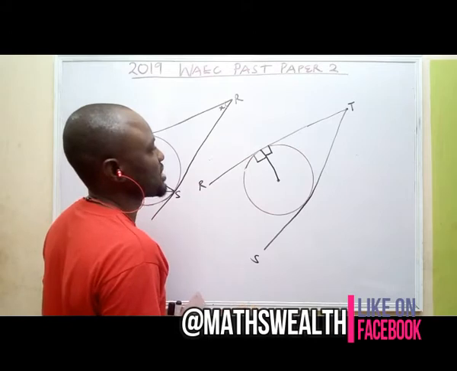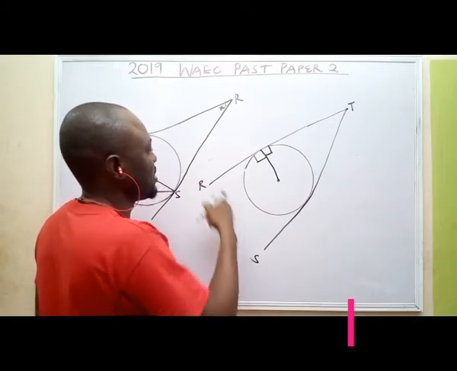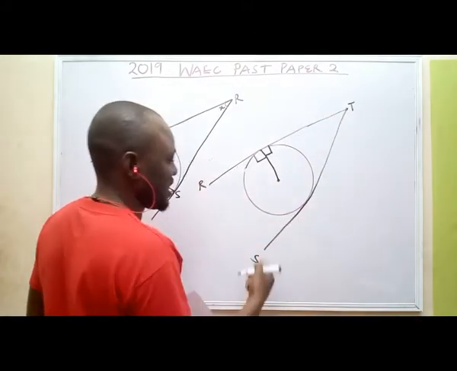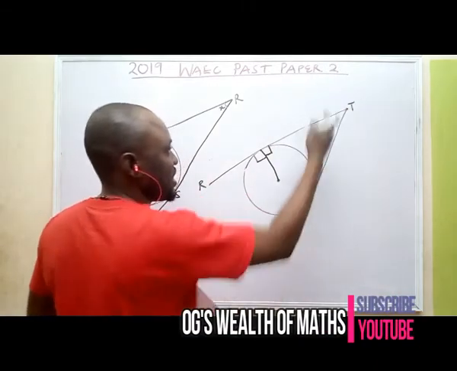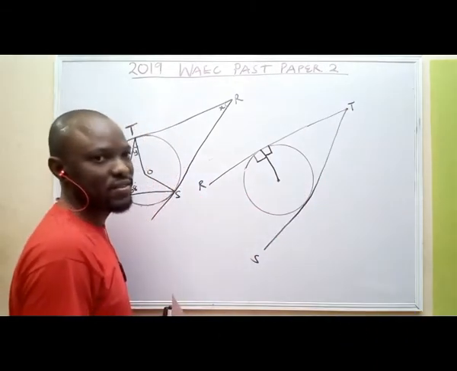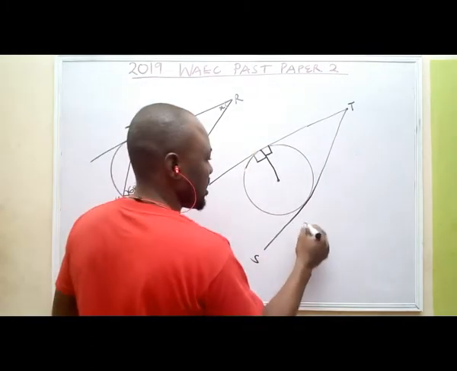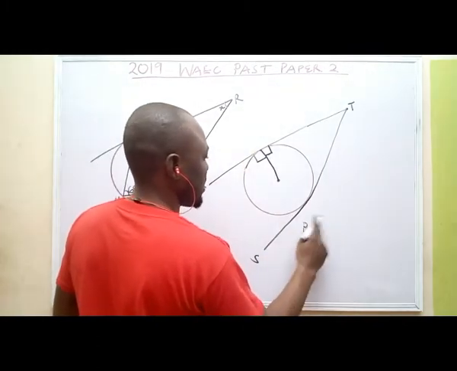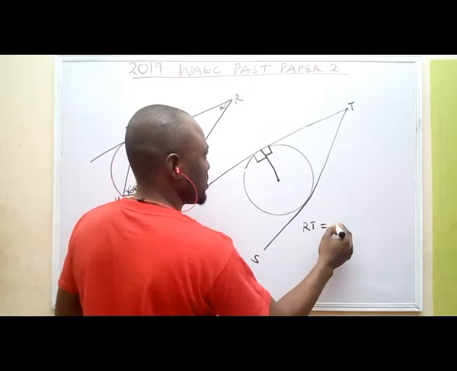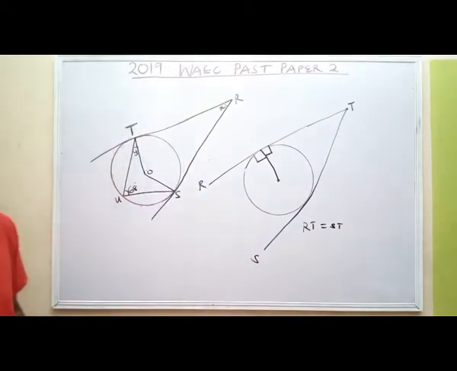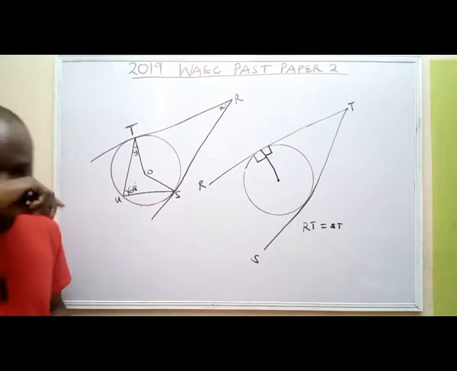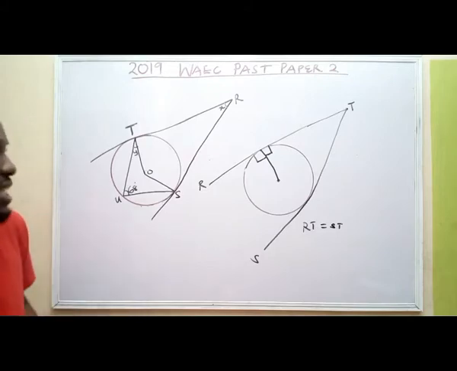The lengths of the two tangents are equal, so the length of RT equals the length of ST. You need to know that about tangents, so that can help you solve problems involving tangents.